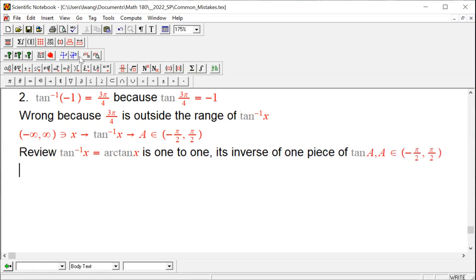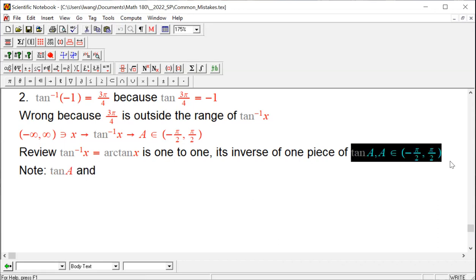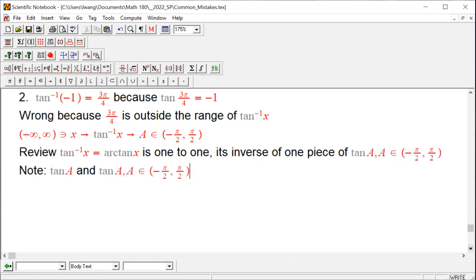So note, the tangent function and this function are different. What is the difference?